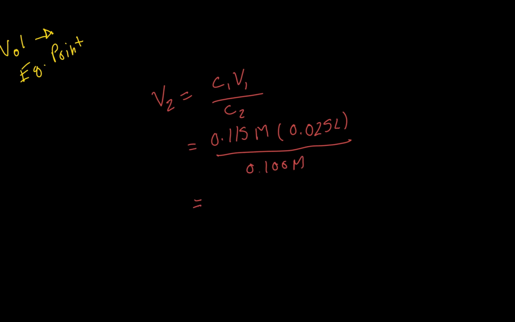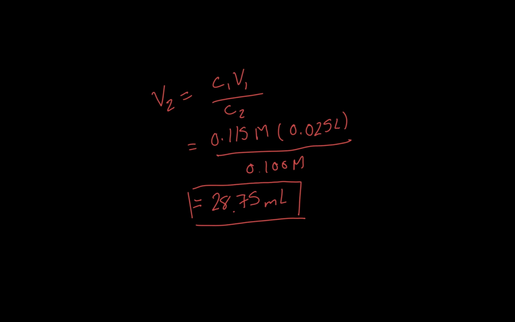And that's going to give us, quick second here, 0.115 times 0.025 divided by 0.11. And we'll put it in milliliters. We get 26.14 milliliters. And again, this is possible because we're dealing with a strong base and a strong acid. That's why we can use this method here to get it. But anyway, that's the volume of titrant we need.